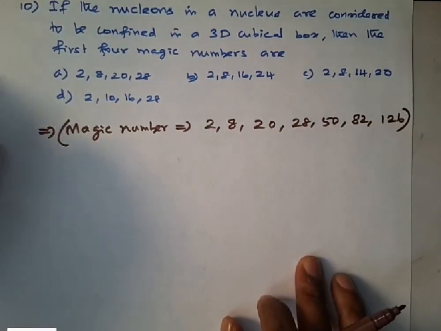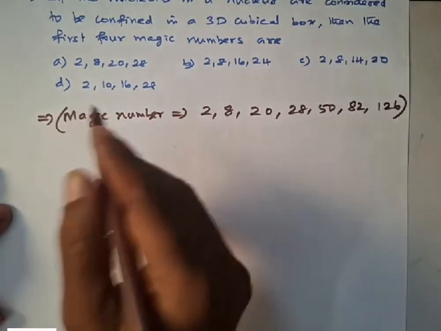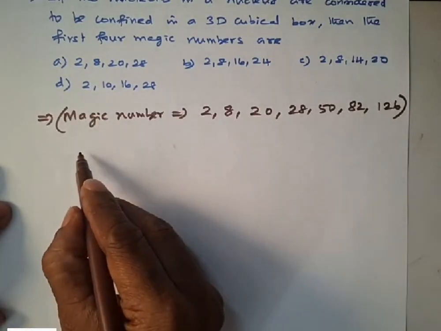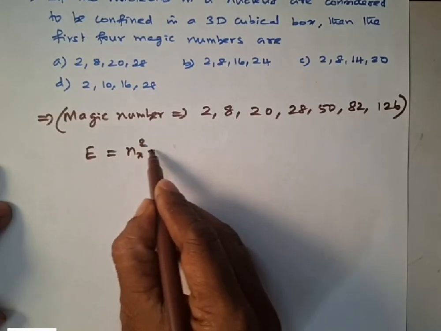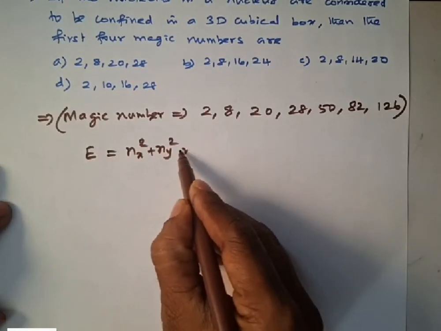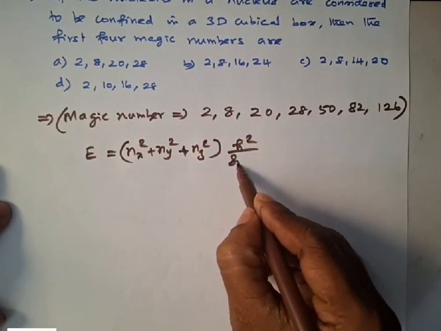Then what will be the magic number? Suppose it is a cubical box, then what is the energy formula? The energy formula is (nx square plus ny square plus nz square) times h square by 8ml square.